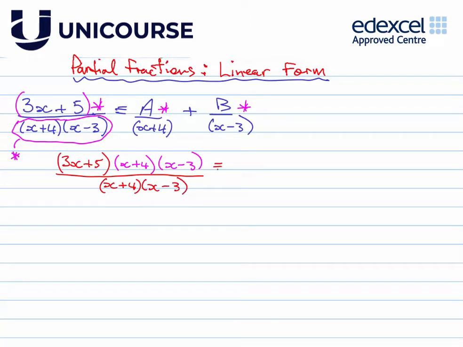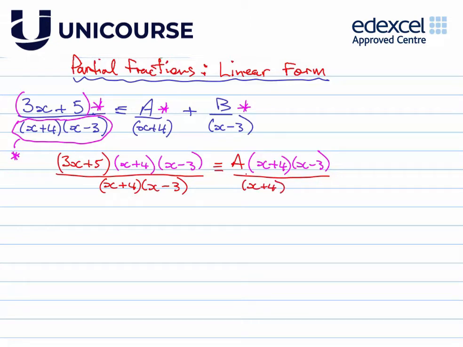And then over on the right hand side, we've got an a there, and then this purple stuff again, x plus 4, x minus 3. That's sitting over, well, what was there originally? It's an x plus 4.